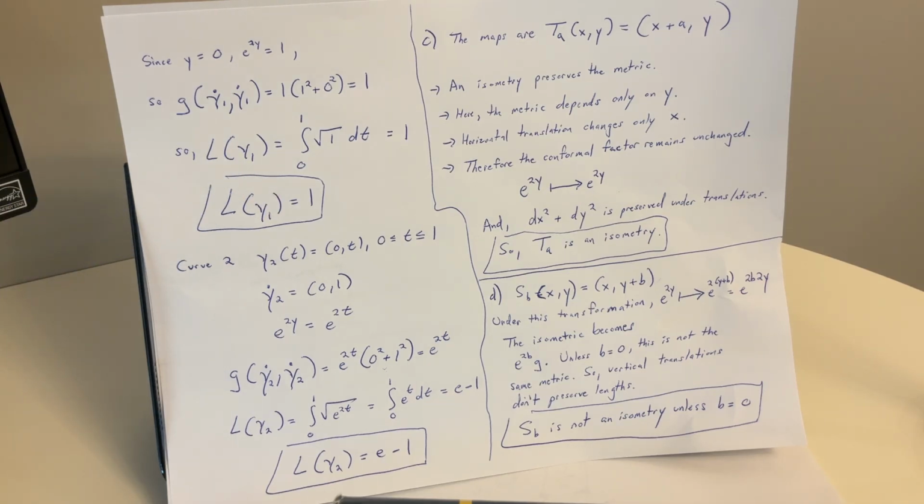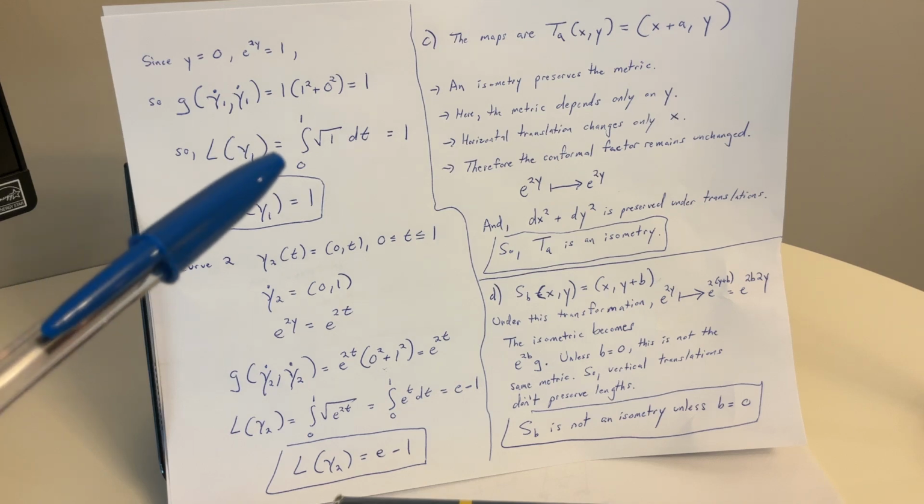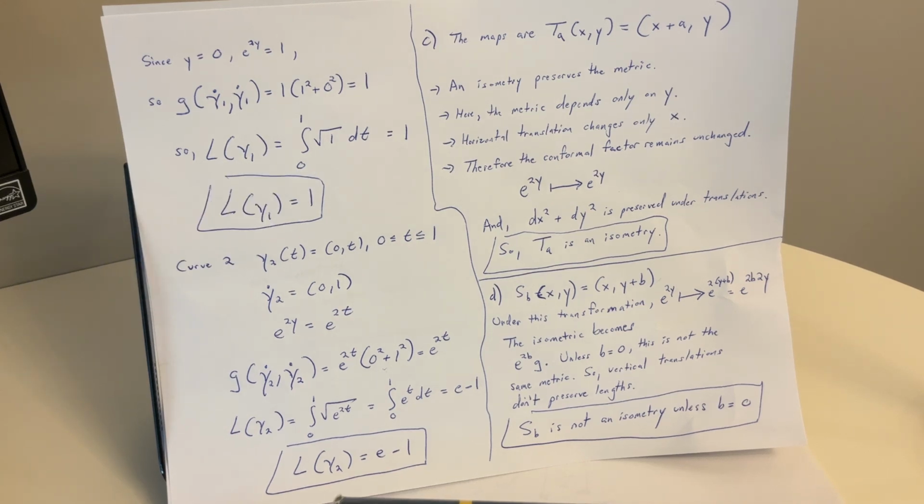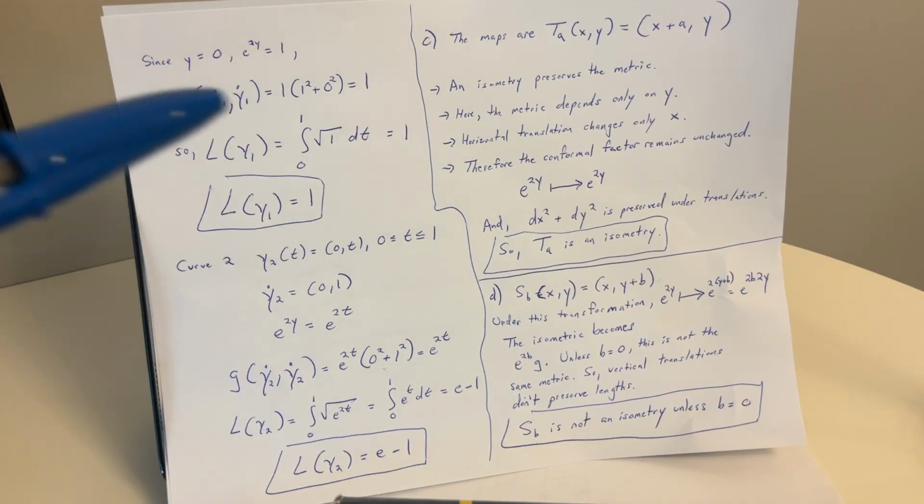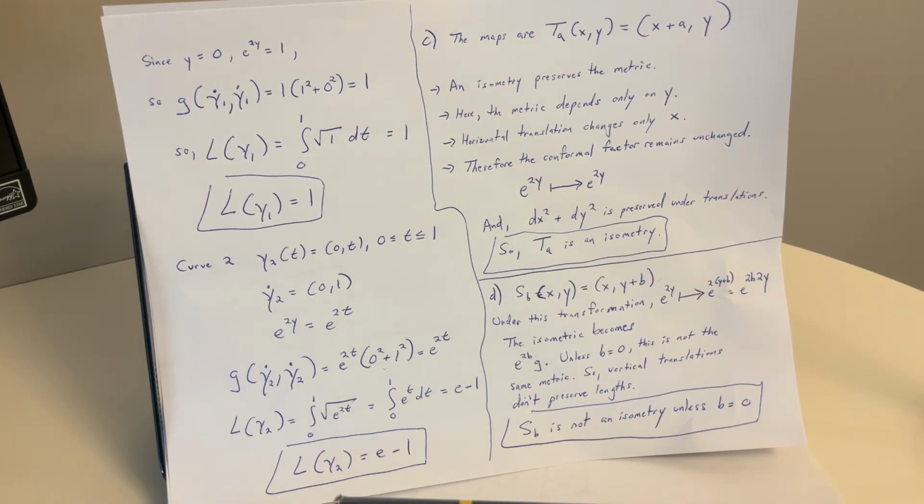I shouldn't say y, it's gamma, right? I don't draw the best gamma, so I confuse myself visually there. Sorry about that. So if I said y, I meant gamma. So L of gamma sub 1 equals the integral from 0 to 1 of square root of 1 dt, and that's just going to be 1. So for curve 1, we get L of gamma sub 1 is 1.